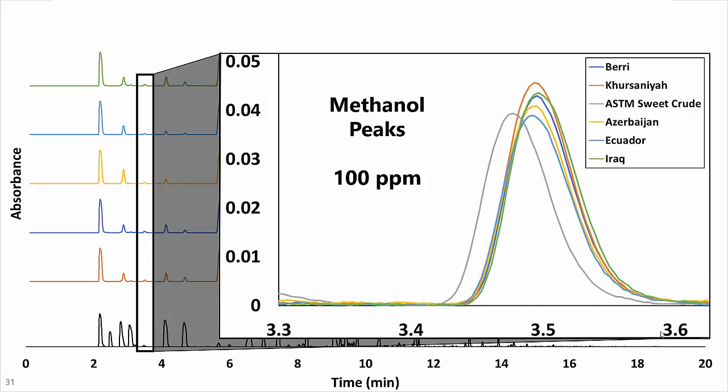So if we went ahead and checked the methanol region around 3.5 minutes, it turns out there are no coelutions. But among that, we also see that the areas are pretty similar. So there's no significant differences from this light sweet crude for this 100 ppm methanol versus these heavier crudes.